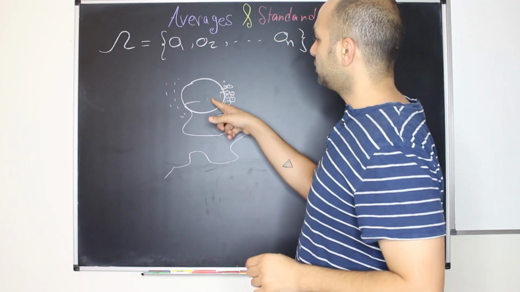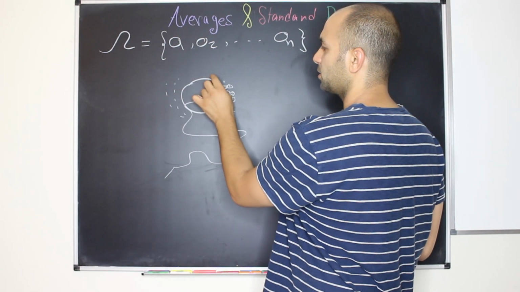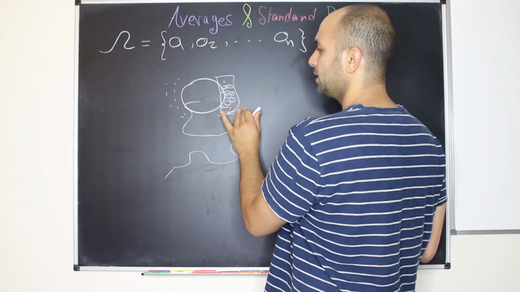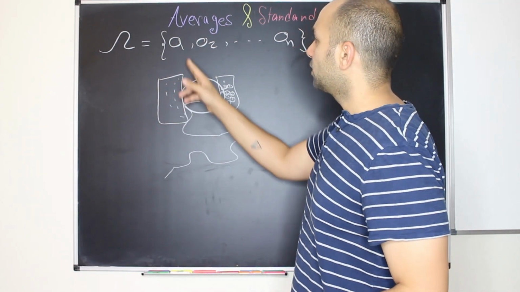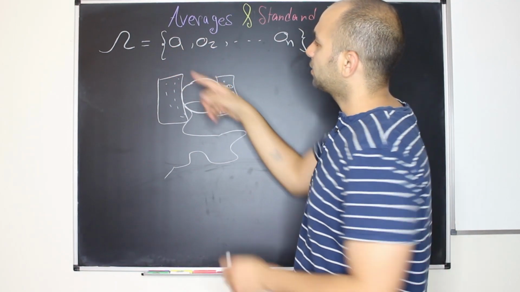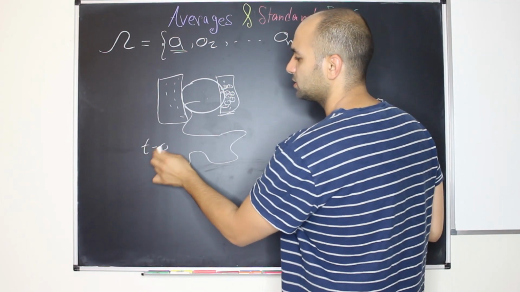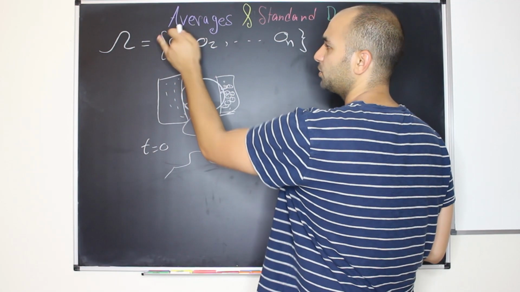In this example, the outcome is how many atoms are hitting this bigger particle from the right and how many are hitting it from the left, right? So in this case, these outcomes would be, let's say at t equals 0, how many particles hit it from here, how many hit it from there, you put that over there.